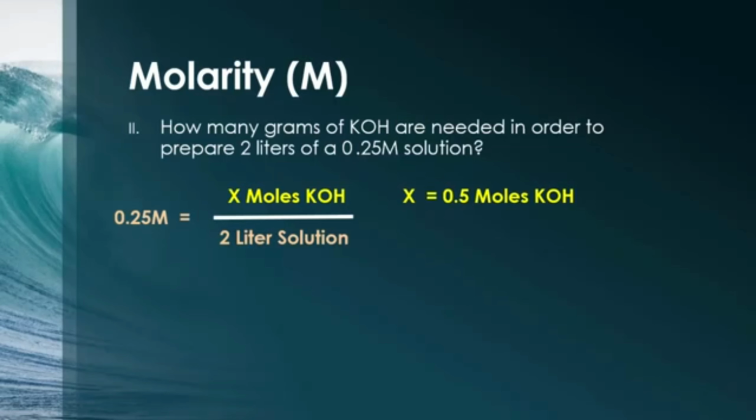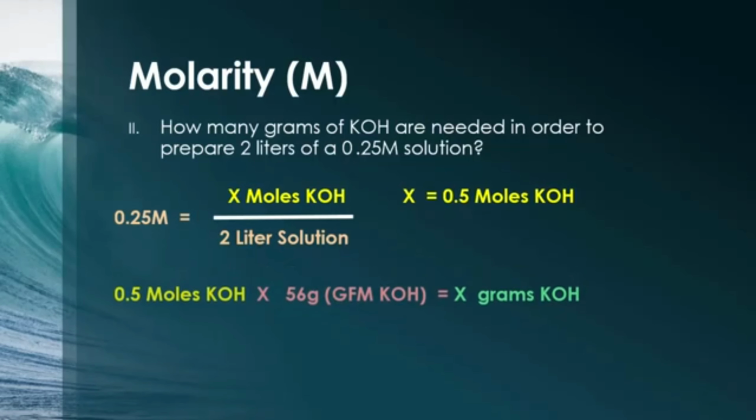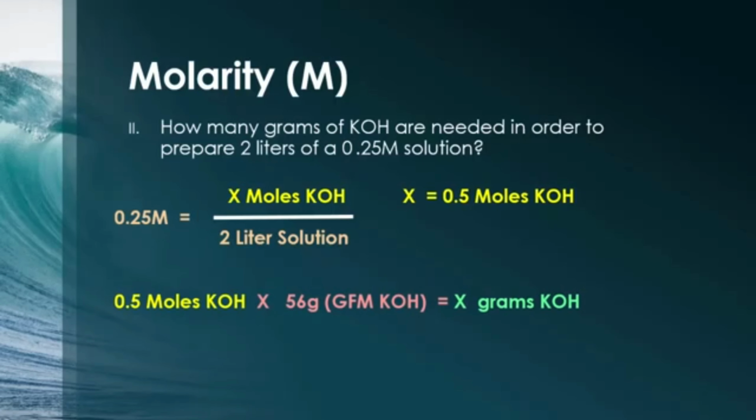So we're going to have to take our answer and substitute it into the mole calculation. So we know that the number of moles is equal to the given mass over the gram formula mass. Now we can see that 28 grams of potassium hydroxide is needed.